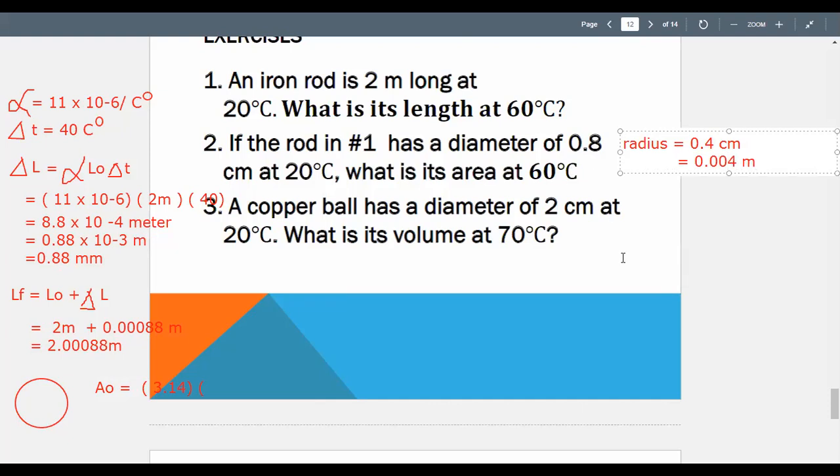And that will now become a meter. So for the area of a circle, all that we need to do is use the unit in meters, and you square this and multiply it to pi. Then you can get the original area.